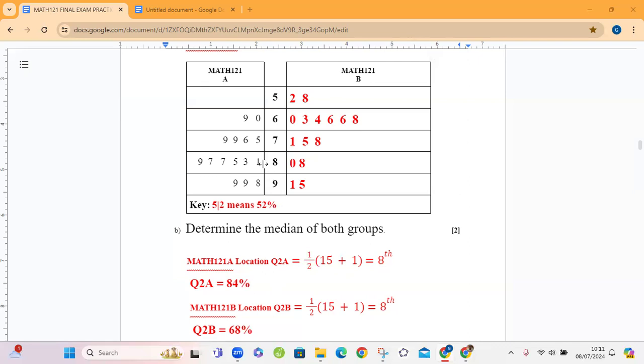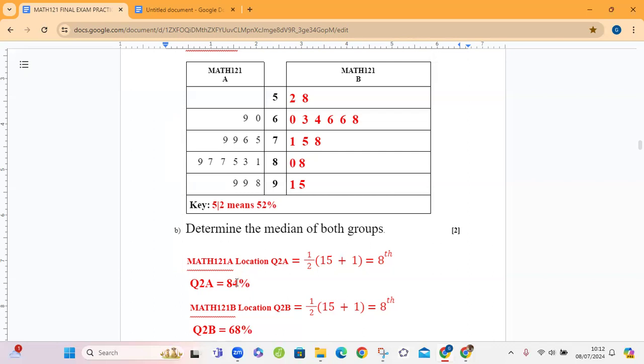So let's start with group A. This is 60, 69. So that's 1, 2, 3, 4, 5, 6, 7, 8. So the median for group A happens to be 83.